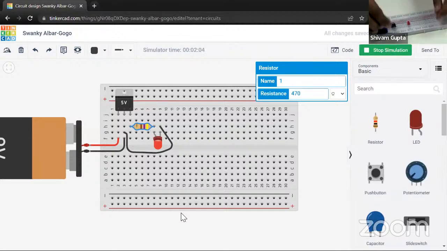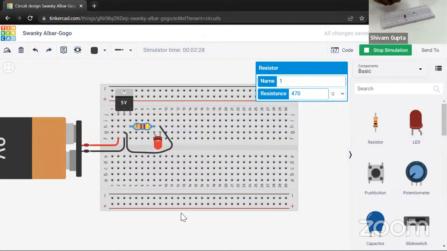These are the different wires. And finally, here we have a resistor. We will be connecting these components together in a similar way to what we discussed on the simulator. So let's start connecting these components.